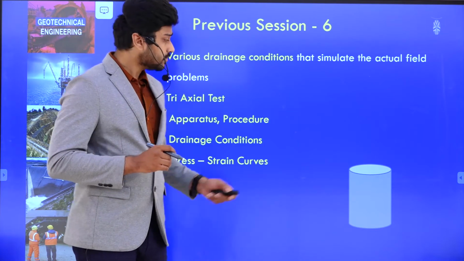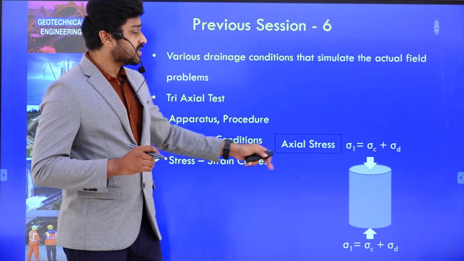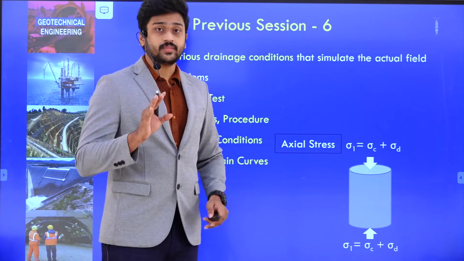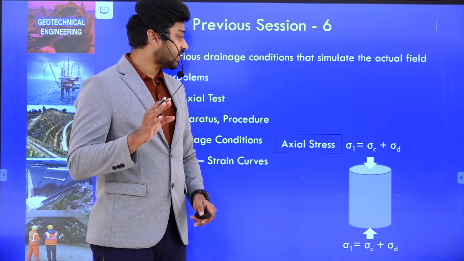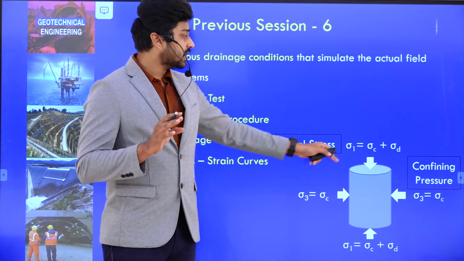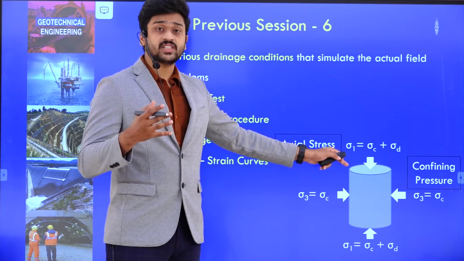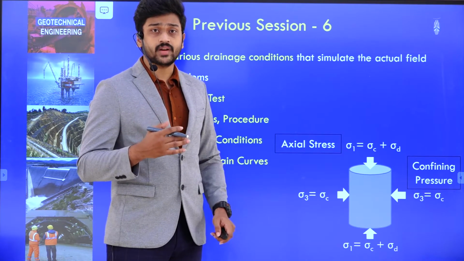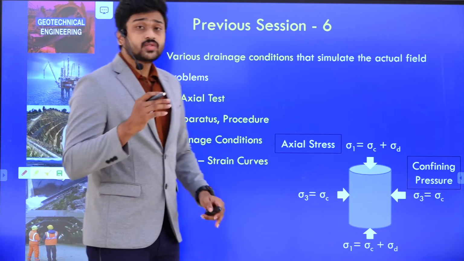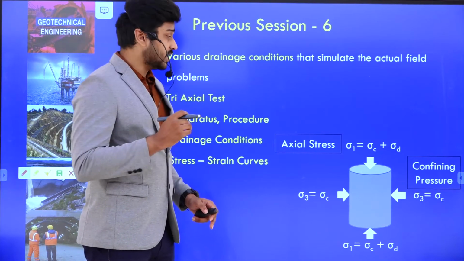In the consolidation stage, confining stress should be applied, and then in the additional stage, that is the shearing stage, deviator stress is applied. Okay. So let me now explain this in more detail.